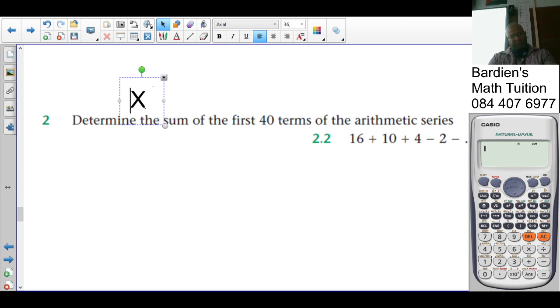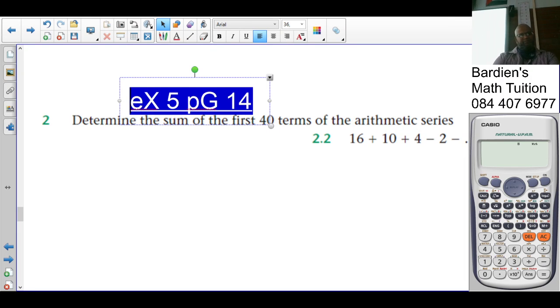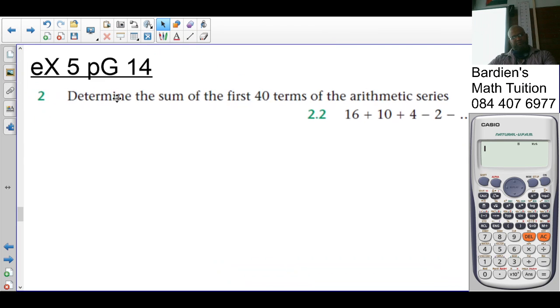Exercise 5, page 14. Determine the sum of the first 40 terms of the arithmetic series. Do we have the last term? No. So we follow the formula.